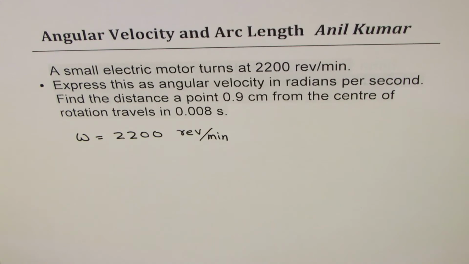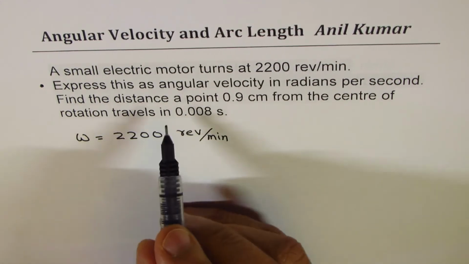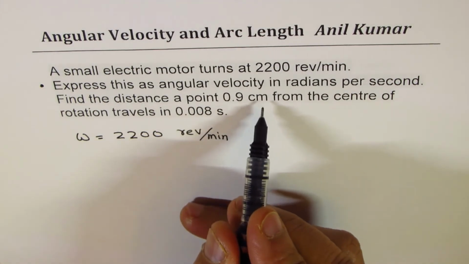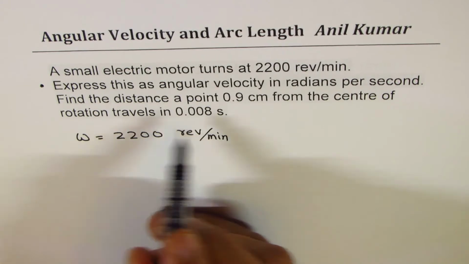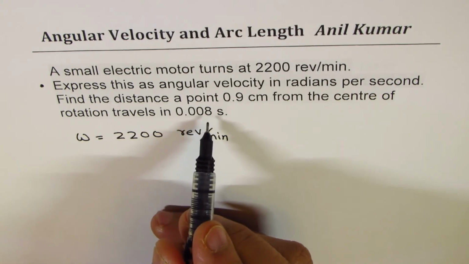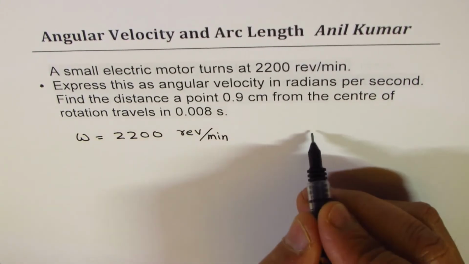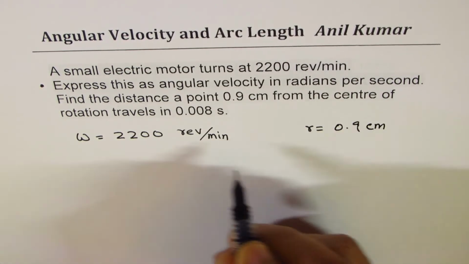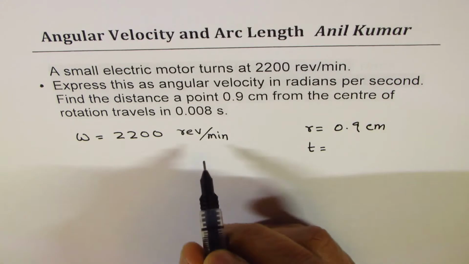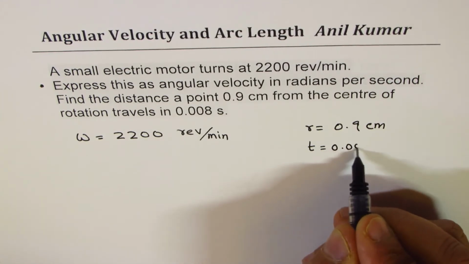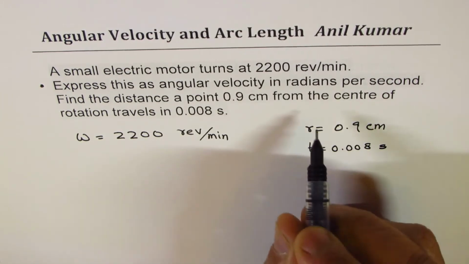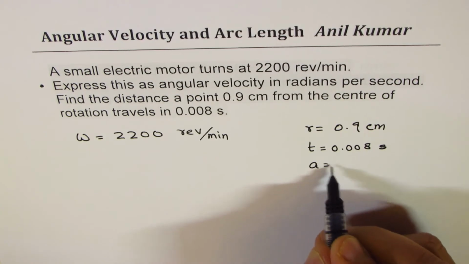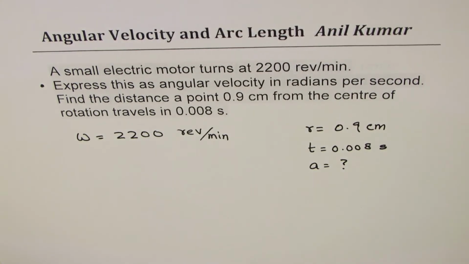Then find the distance a point 0.9 centimeter from the center of rotation travels in 0.008 seconds. So the second part, we are given the radius as 0.9 centimeter and the time as 0.008 seconds, and we have to find the arc length A. Correct? That's the next part.